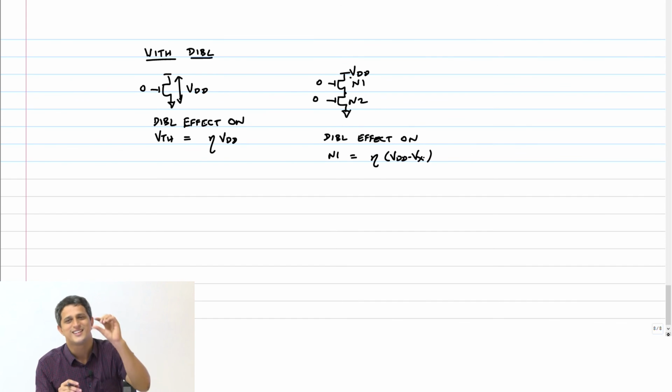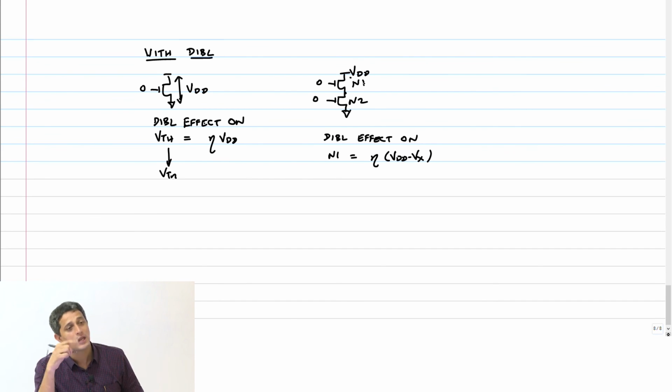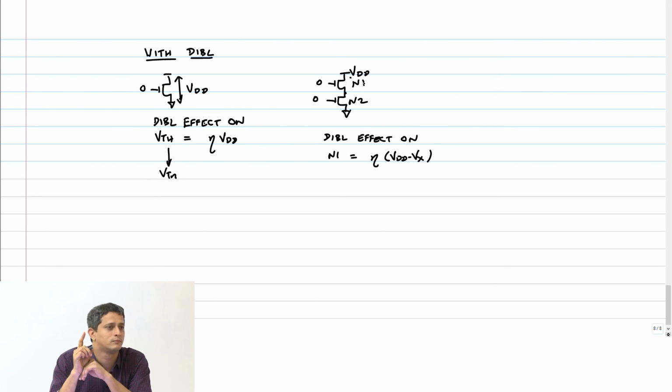Since that is lesser, the VTN of this transistor will be lesser by eta times VDD. Whereas these two transistors N1 and N2 will not have the same VTN, of course, because of DIBL. They will have different VTH, but will also be higher than the VT of this single NMOS transistor. Okay?